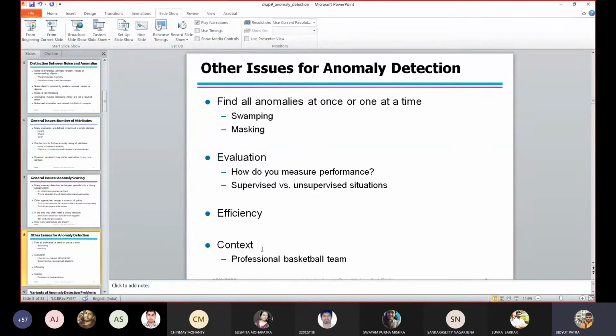And then there is another important part we missed in the classification technique, which is the false positive rate. False positive is really important here because, let's say you have deployed an anomaly detection technique for credit card transactions.